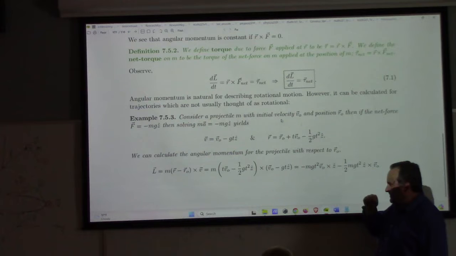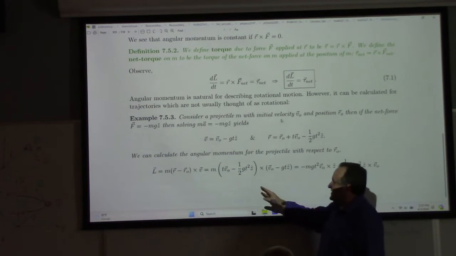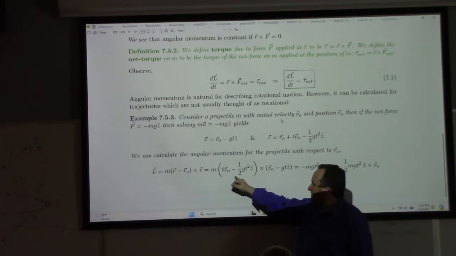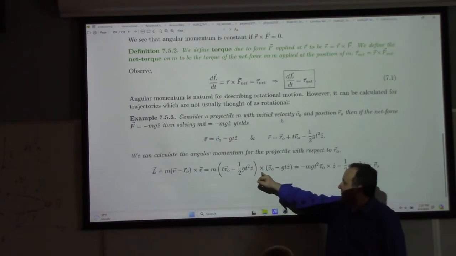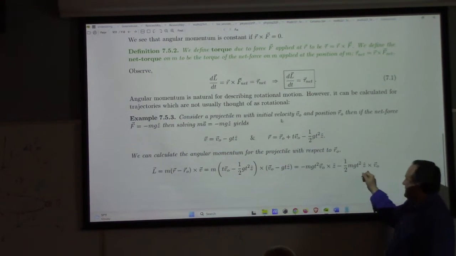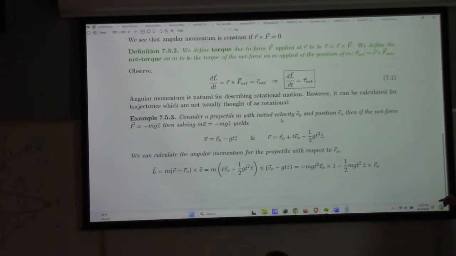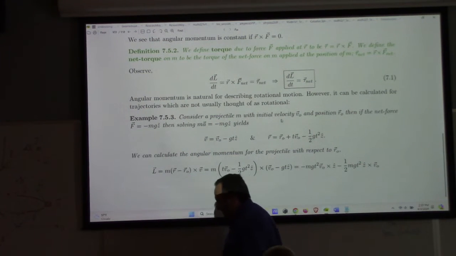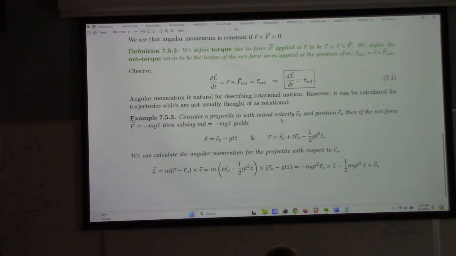And if you take the cross product of these two, velocity cross itself is 0. So you just have the velocity cross z hat or z hat cross the velocity, right? Those are both the same thing up to a plus or minus sign, and so you get this minus that. They're both like m g t squared, and so I think you get a half of what's there, plus or minus depending on how I write the cross product.